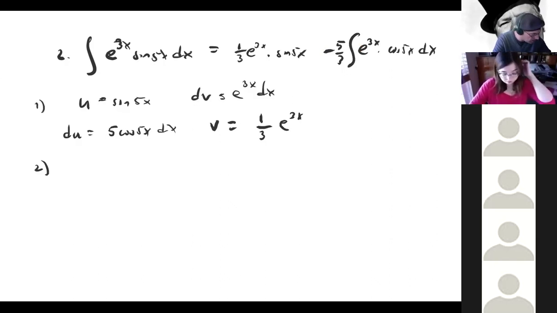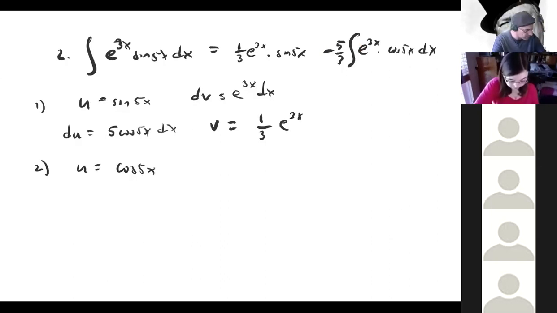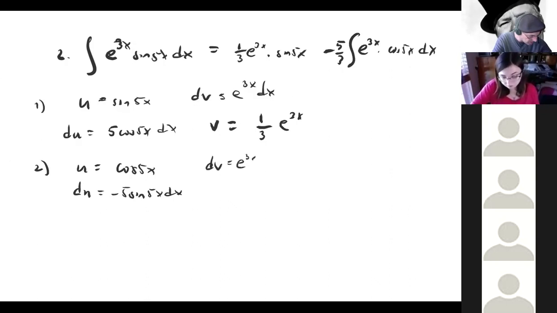step 2 would be let u equal cosine of 5x. I'm doing pretty much exactly the same thing. Then du is minus 5 sine 5x dx. And then dv is e to the 3x dx.